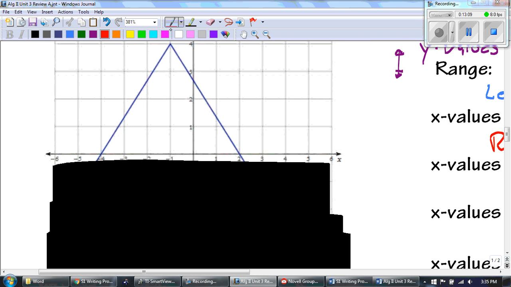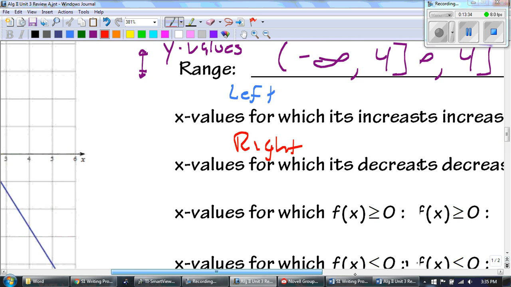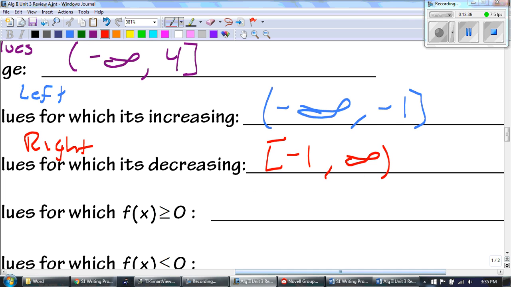Okay, well, it starts being greater at negative 4. It stays greater all the way to 2. Okay, because that is where we are above 0. And we're above 0 from negative 4 to positive 2. Okay, so from negative 4 to positive 2.